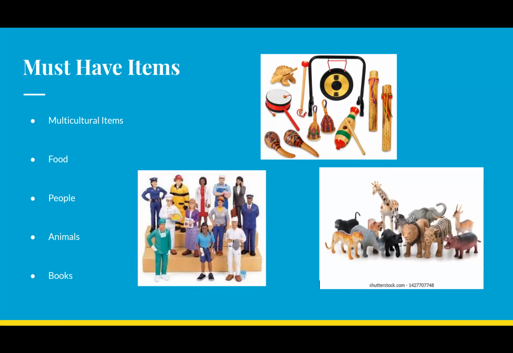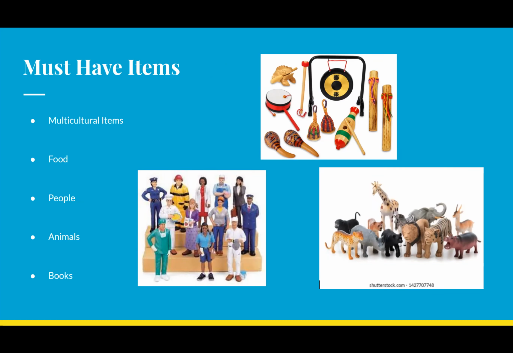So must-have items within the classroom would be multicultural items. Maybe in dramatic play, we have different types of foods from different cultures. There's little people figures that we use in block area. Maybe there's different people of age groups or abilities. We can have a range of different types of animals.